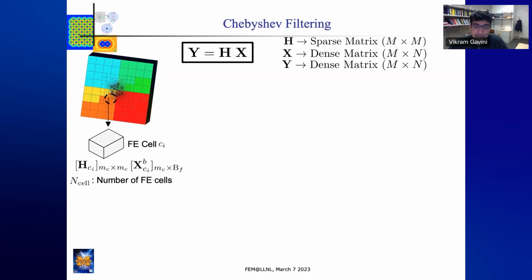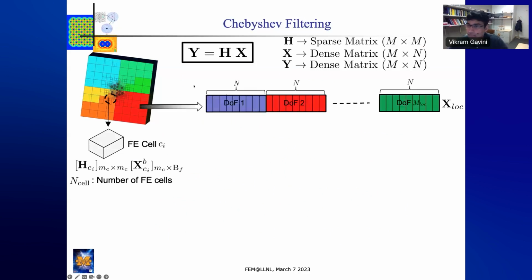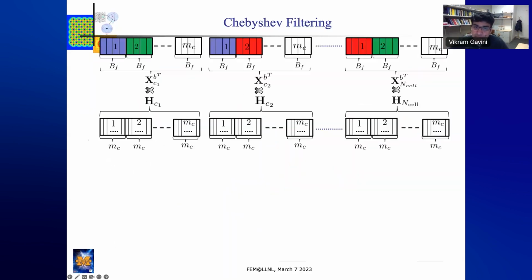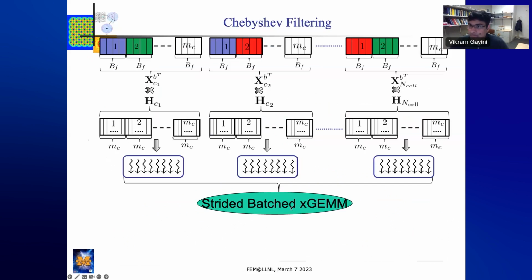Everything else, once we have the Hamiltonian matrices, the storing of these Hamiltonian matrices, the extraction of the finite element nodal values of the wave functions, and the batched GEMMs have been written internally. But of course, when it comes to strided batched GEMMs, we use existing operations like cuBLAS operations provided for GPUs, as well as the corresponding GEMM operations in BLAS and LAPACK.